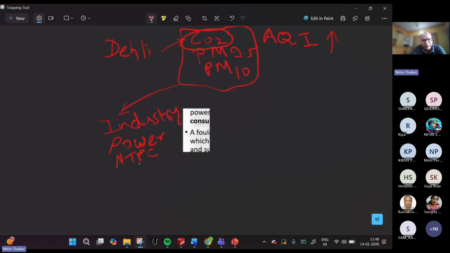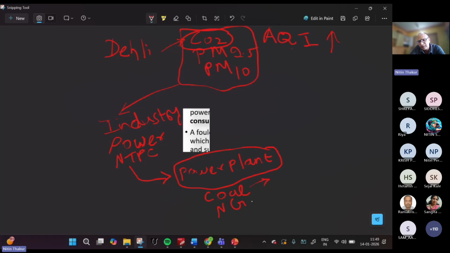So we went in the direction of the NTPC power plant. Now you know that a power plant in India is mostly coal fired. The other option of fuel is natural gas.